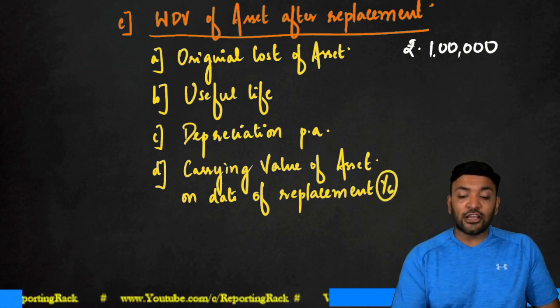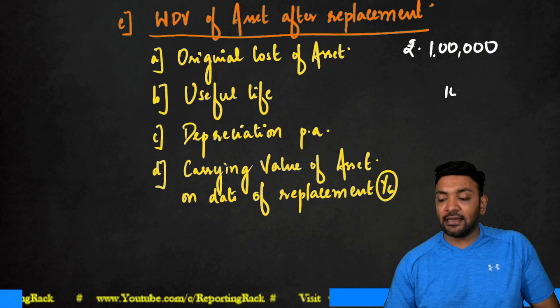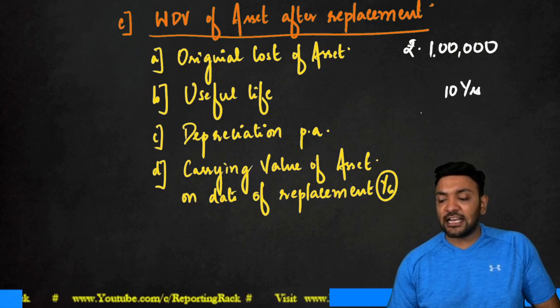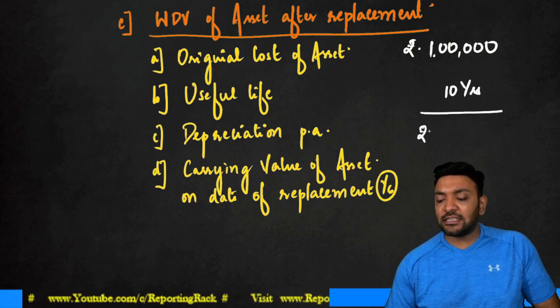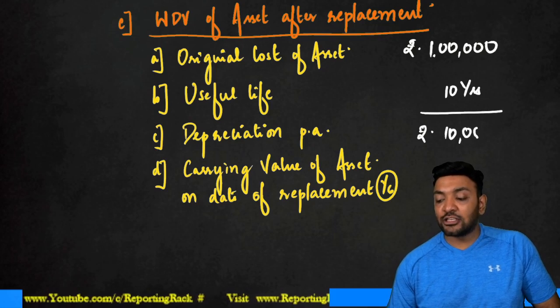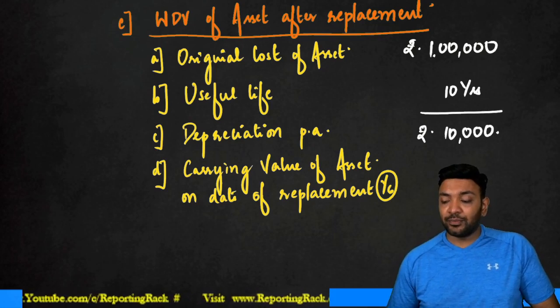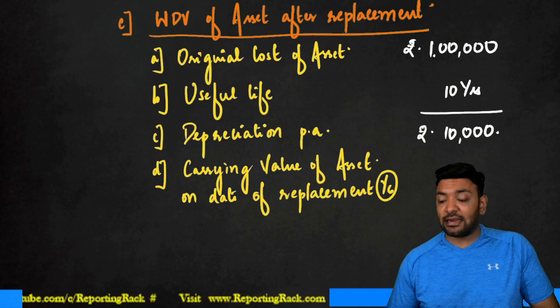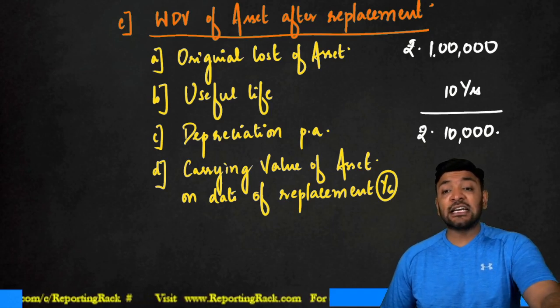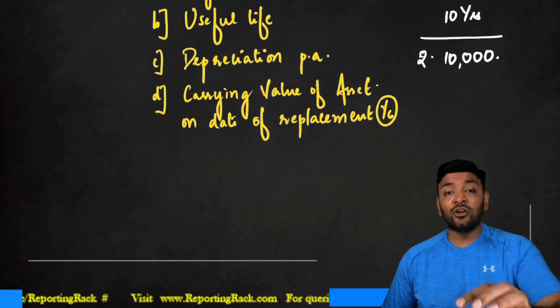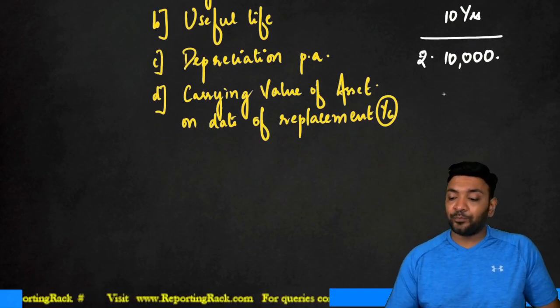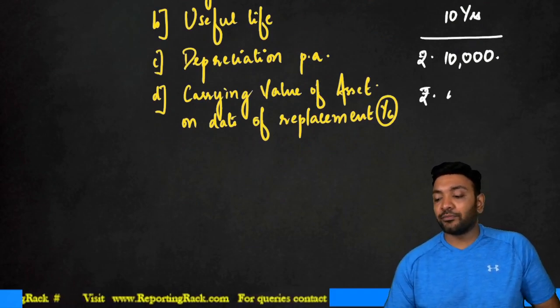What is the depreciation per annum? 10,000, assuming there is no residual value, because none is given in the question. So 6 years depreciated is 60,000. What is the carrying value of the asset? 40,000.